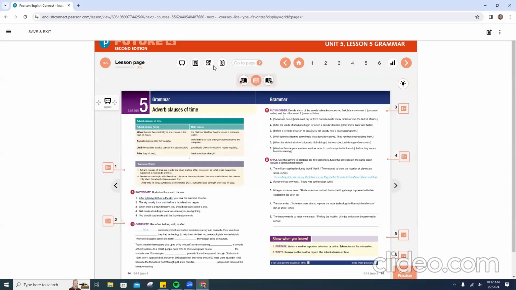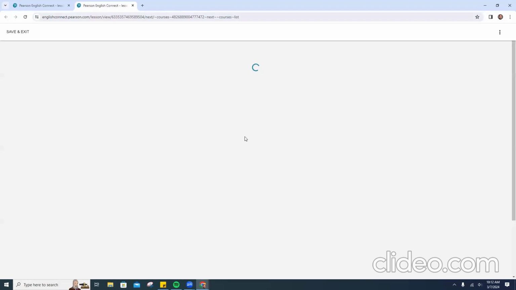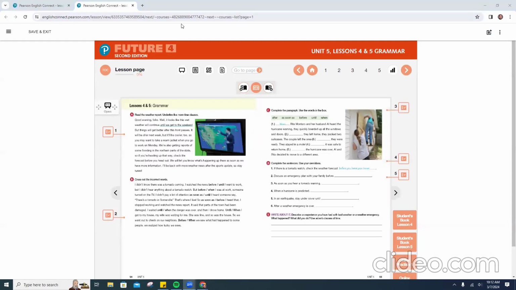Now, let's go ahead and look at our workbook, please. So in the workbook, yesterday we did part D. Let's go ahead and look at page 54 and 55.